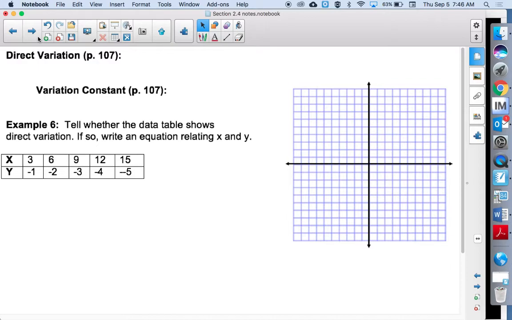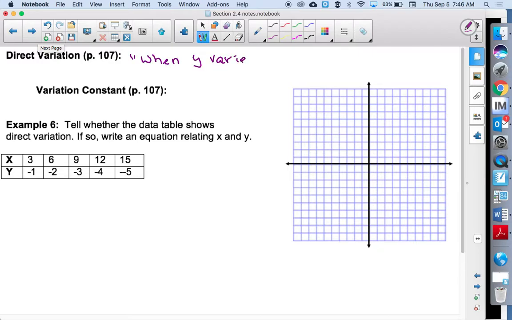So a direct variation, you're going to see the words when y varies directly with x.